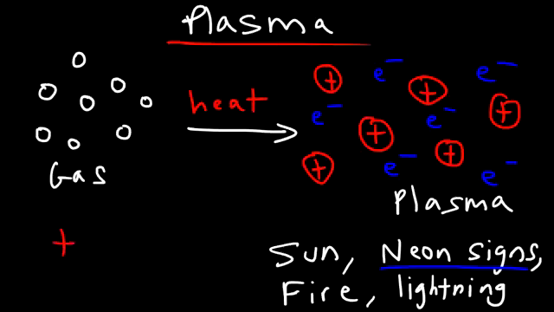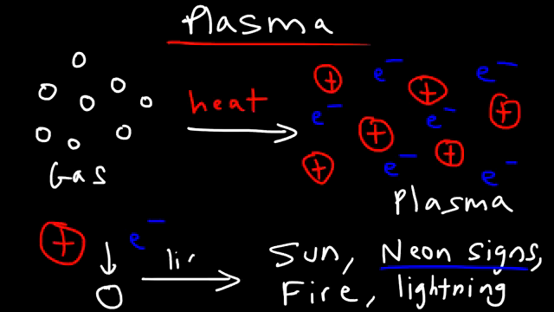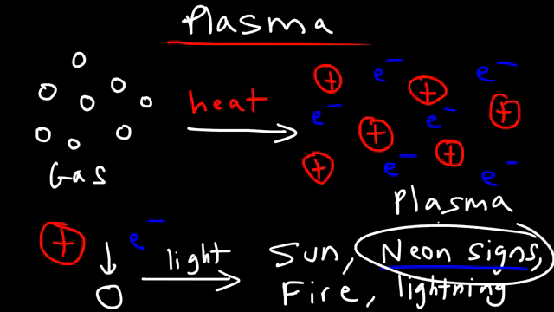But once the ionized gas particle and the electron recombine to form an atom, they will emit light and heat energy. And so that's how neon signs work. They use electricity to separate the atoms from the electrons, and when these ions and electrons recombine to form the atom, they emit light as a result. So that's my 2 cents on the 4 states of matter.